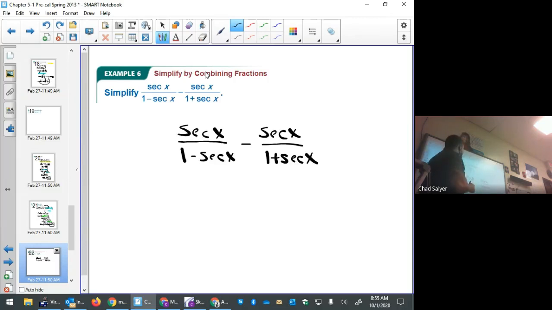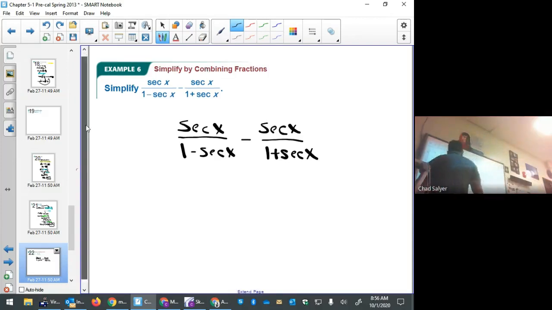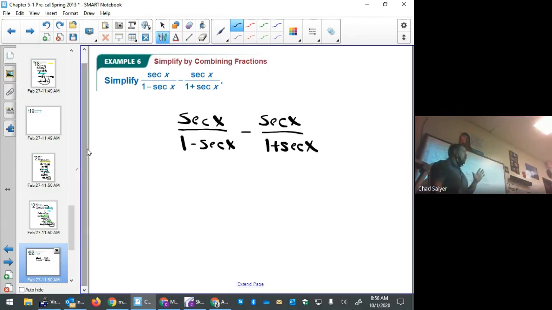So when you have this situation, we want to combine these fractions, but we've got different denominators. So in order to make those denominators match, I need to multiply each by the other.